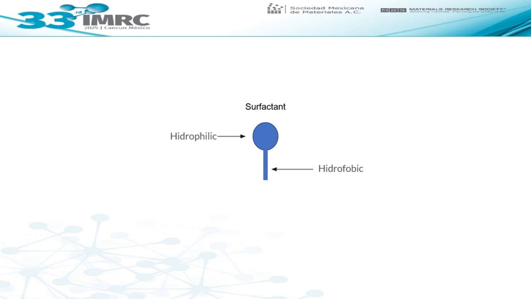The first, also called the head, is hydrophilic. That means it tends to create a bond with water molecules. The second part of the molecule is hydrophobic. The behavior of this part is to stay away from the water molecules.